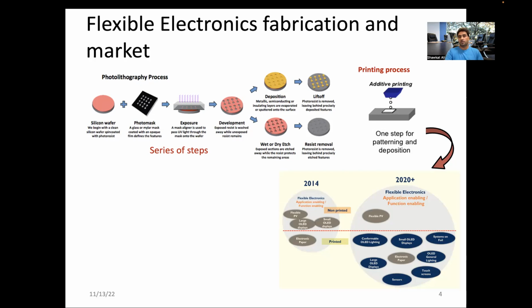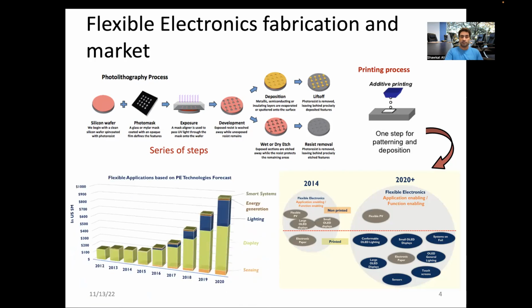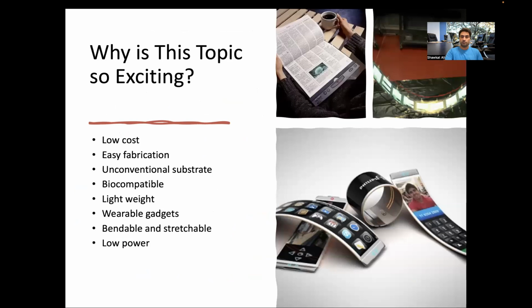So nowadays, all the systems are moving towards printing technologies. And in the future, of course, it will be a huge market that a lot of industries and institutions are investing in.